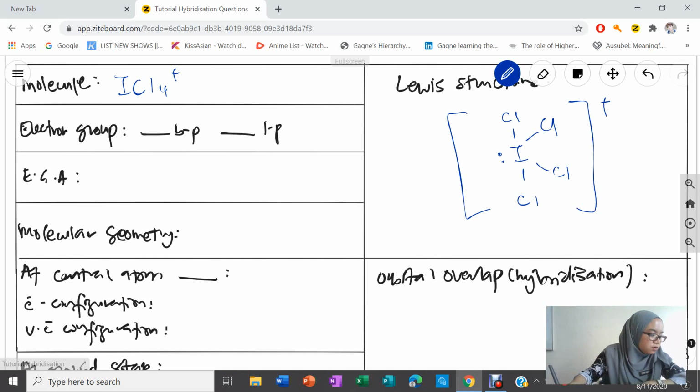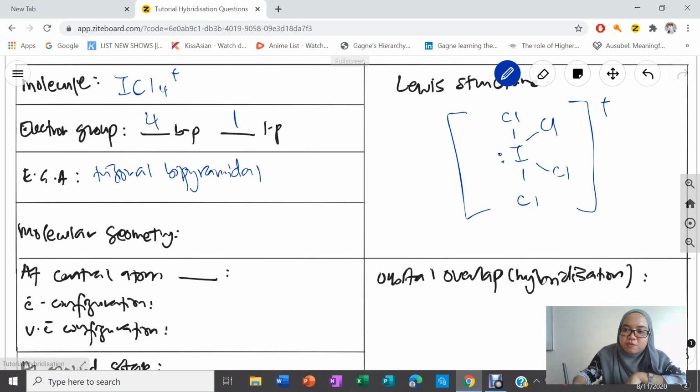So this is how you draw the Lewis structure for this molecule. So you look at how many around the central atom, how many bonding pairs? 1, 2, 3, 4, and one lone pair. So according to electron group arrangement, it is trigonal bipyramidal. However, according to the molecular geometry, it is a seesaw shape.